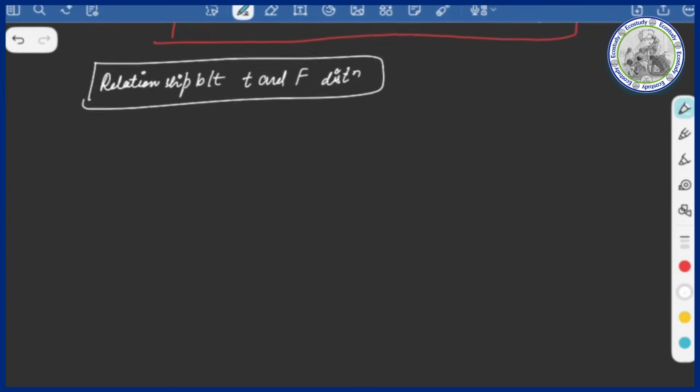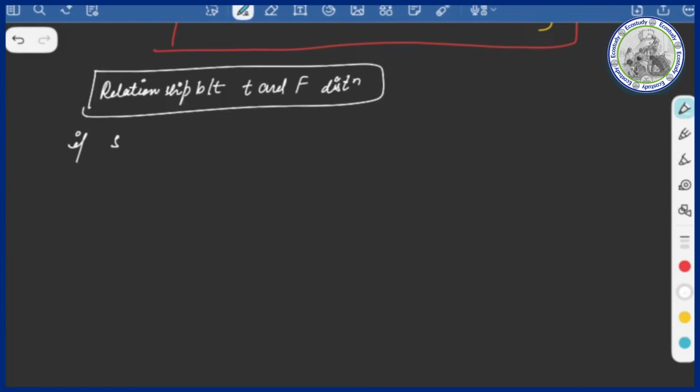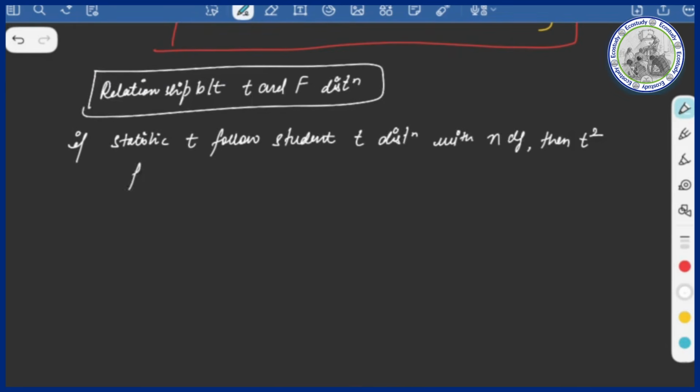If statistic t follows student t distribution with n degrees of freedom, then t square follows F distribution with 1, n degrees of freedom.